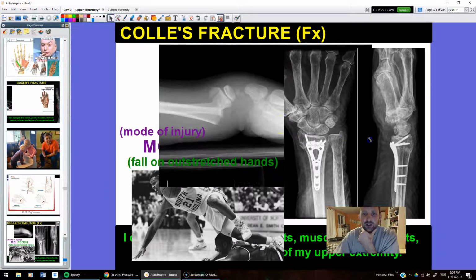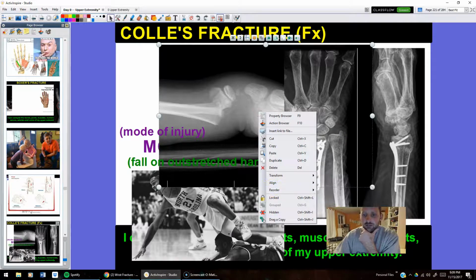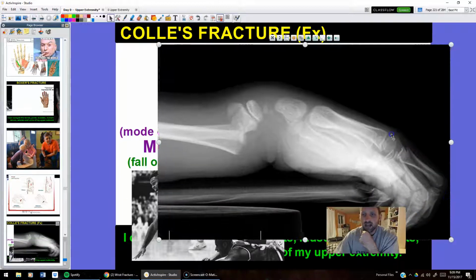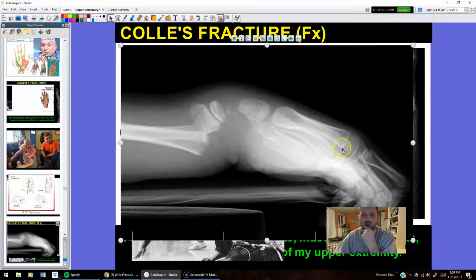If you see this X-ray right here, let me make this bigger and in front. You can see what has happened to their forearm bones in this case. You see this fracture here. This actually looks like the ulnar side. There's an ulnar fracture.